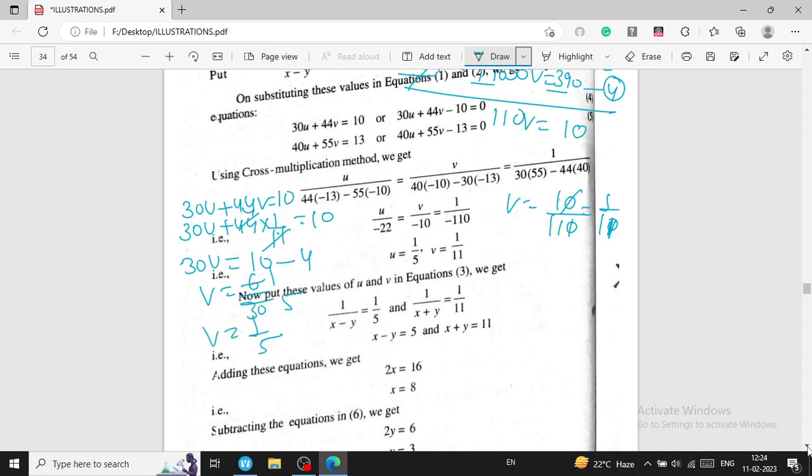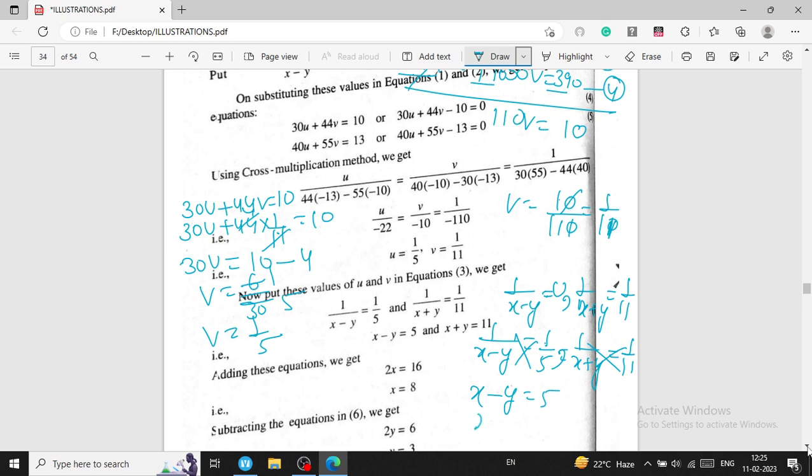Now finally substitute these answers like this. 1 by x minus y is equal to u, which is 1 by 5, and 1 by x plus y is equal to 1 by 11. By cross multiplying, we find x minus y is equal to 5 and x plus y is equal to 11.